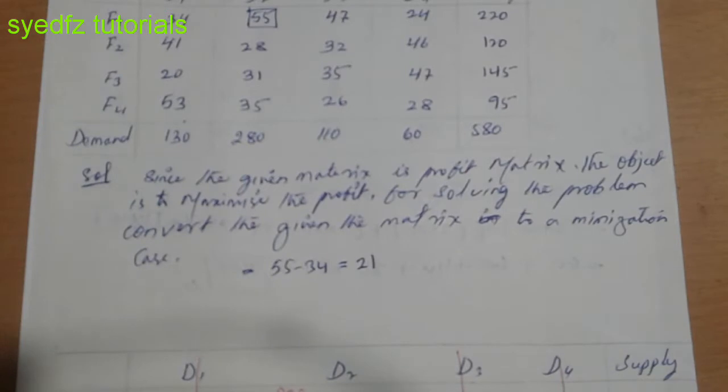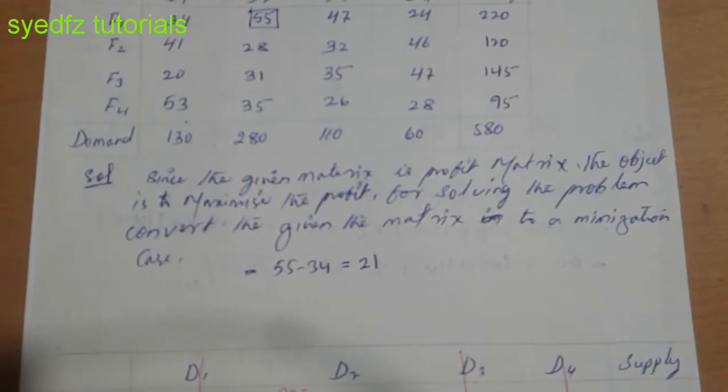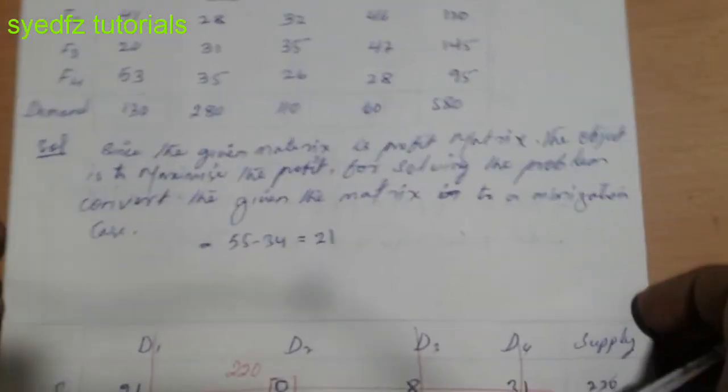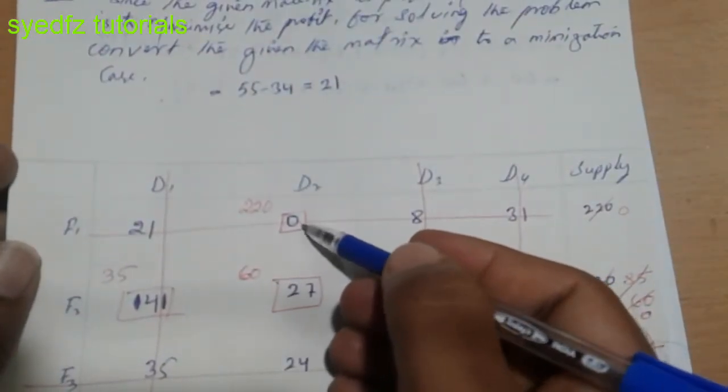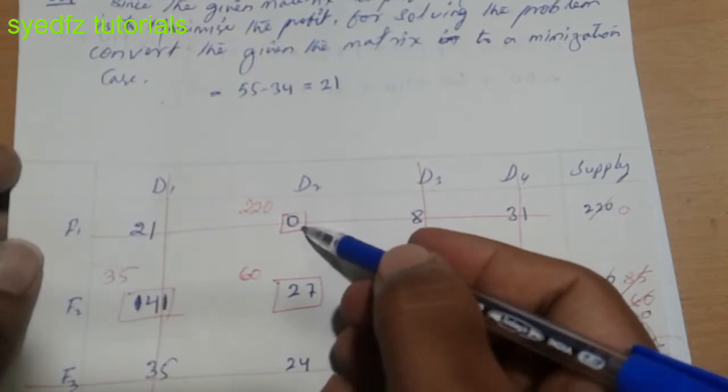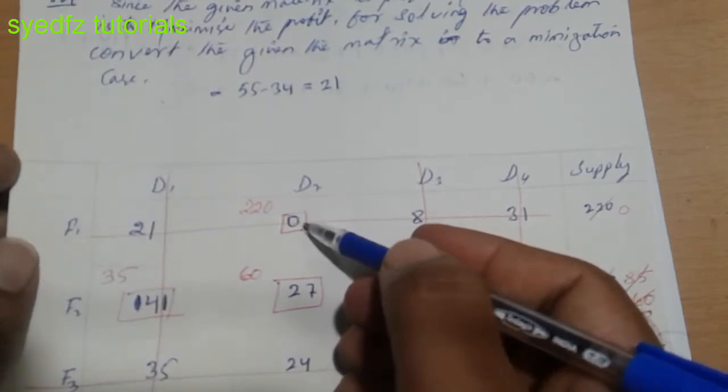Okay, so now let's add. At the time of calculation of this we should not take the 0 because here we have taken the 0, but at the time of calculation of total cost we have to take 55 here.